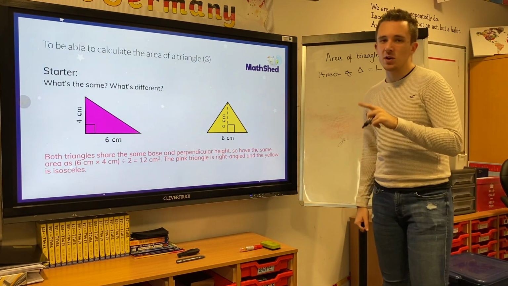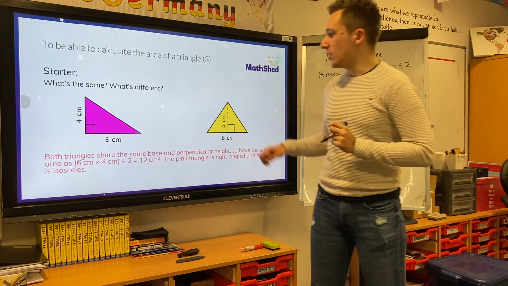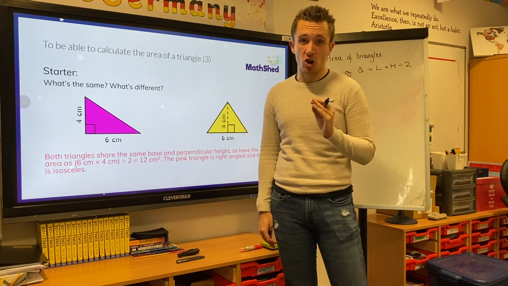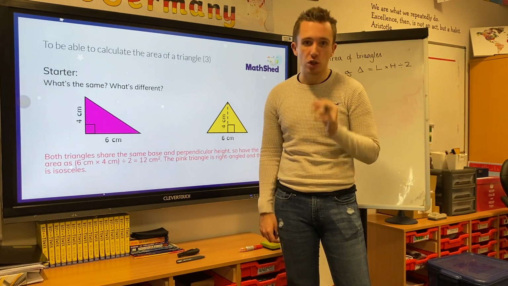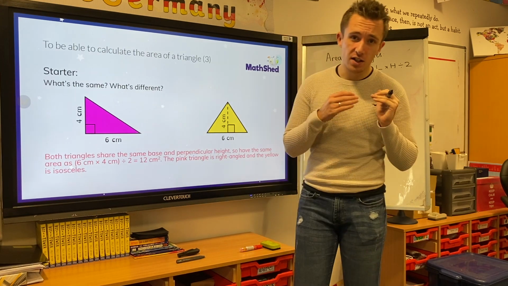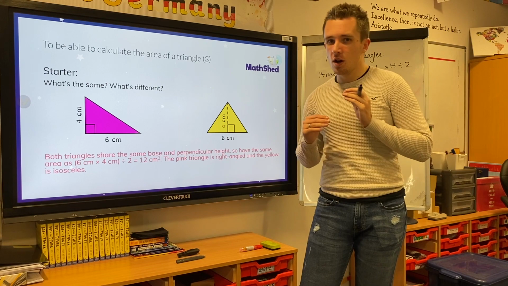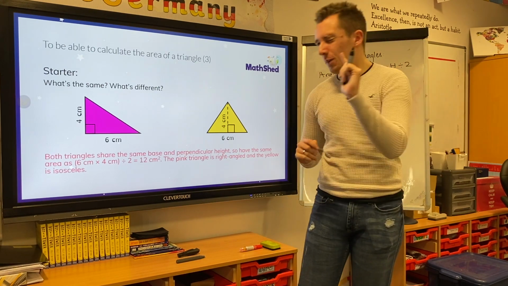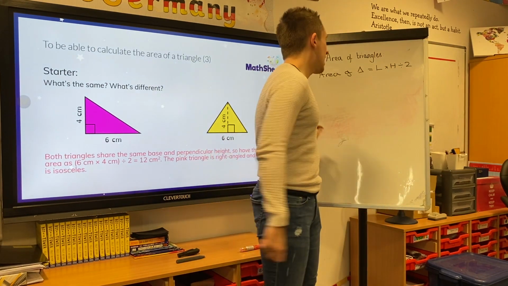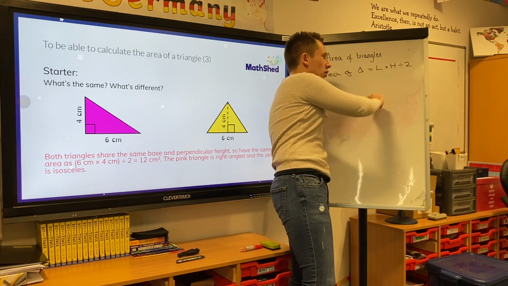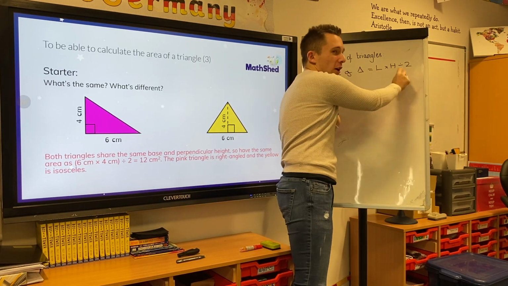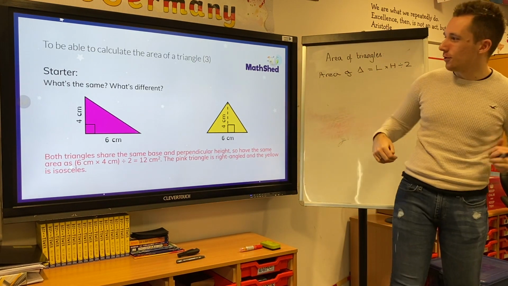The same thing we did last lesson. So today you're going to see some different types of triangles. It doesn't matter. You do the same thing we did yesterday. Length times height divided by 2. I'm saying that a lot because I'm hoping that you've made a note of that. Area of any triangle equals length times height divided by 2. Write it down. Great, thank you.